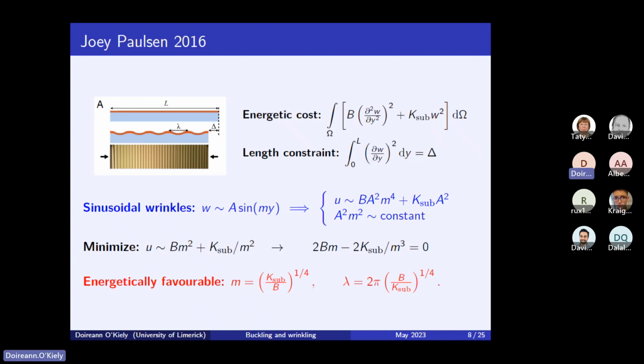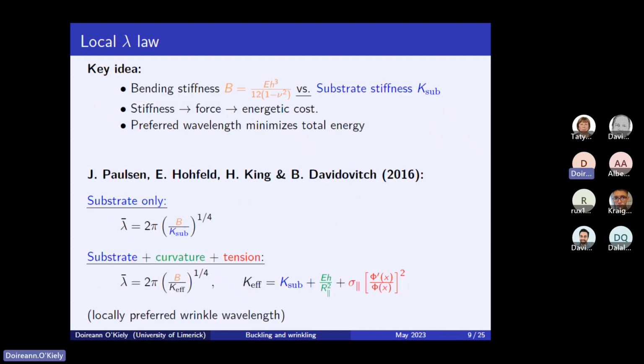Okay, so that's what Joey and the others did. And then they did some really nice extensions where they thought about more complicated systems than just having a substrate. Okay, but the big picture idea is that you have a competition between a bending stiffness and some kind of substrate stiffness. Each of those stiffnesses you can associate with a force and with an energetic cost.